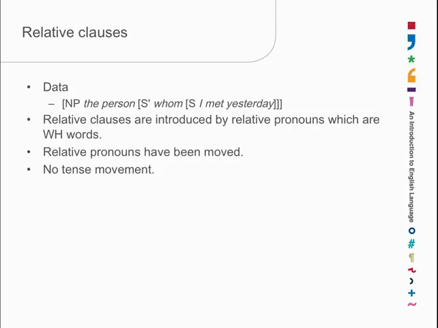So we've got two different movements. When neither of them happen, you've got an ordinary statement. When tense movement happens, you have a yes-no question. When WH movement and tense movement happen, you have a WH question. And finally, when only WH movement takes place, you have a relative clause.